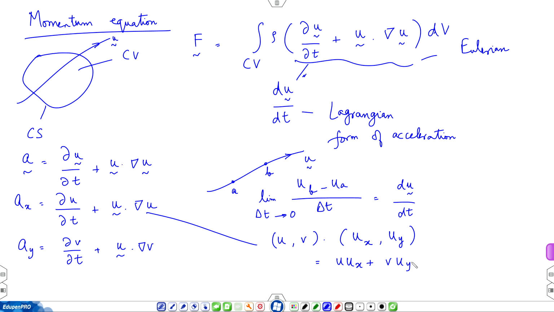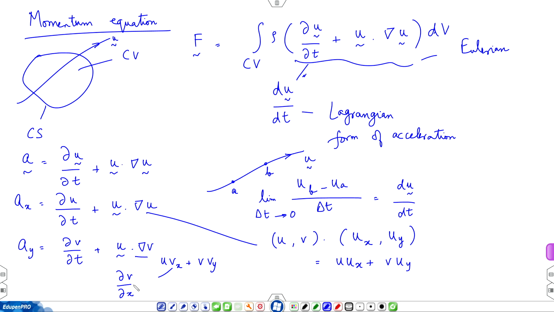Okay. So, this term will be u v x plus v v y. What is u x? Partial derivative. Do not forget that a term such as v x will be this partial derivative. So, these are the acceleration components.